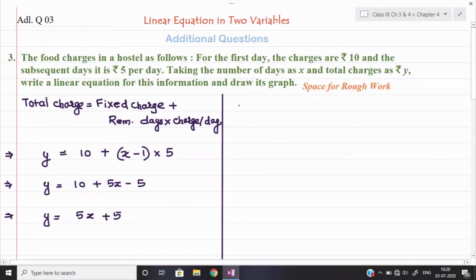Here first I am taking the value of x is equal to 0. So in that case the value of y will be equal to 5 into 0 plus 5. 5 into 0 is 0, so that will be 0 plus 5, and hence we will get here 5. So this value we can write down in the table.